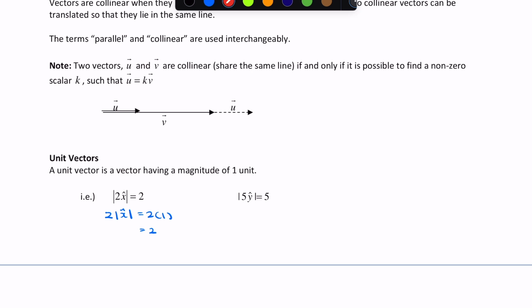Same thing here, if we have 5y, y is a vector having a magnitude of 1, so 5 times y will equal 5 times 1, which is equal to 5.